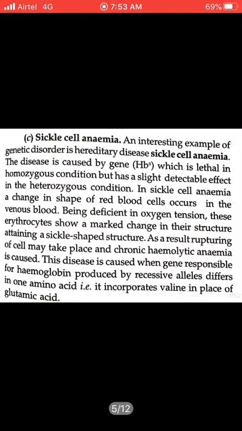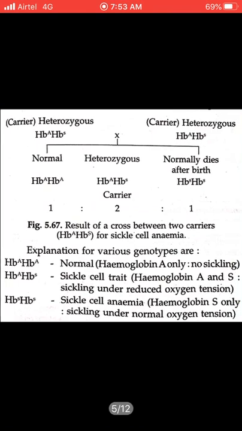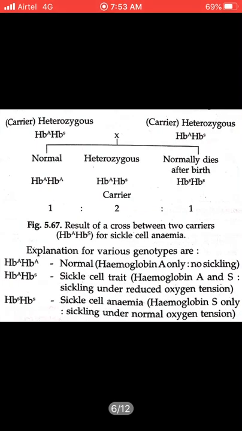In sickle cell anemia, basically what happens? The RBC is converted into a sickle shape with the lack of oxygen. It can be in a heterozygous condition, or it is basically lethal in the homozygous condition compared to the heterozygous condition.